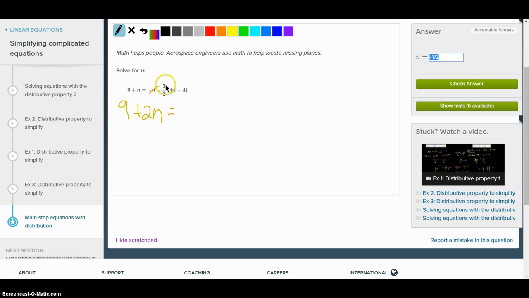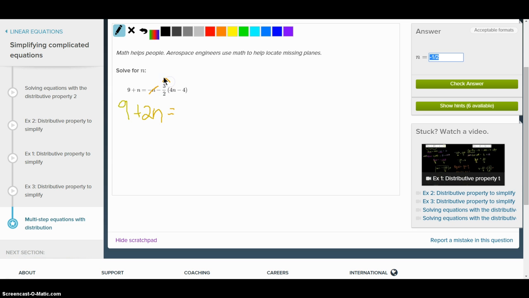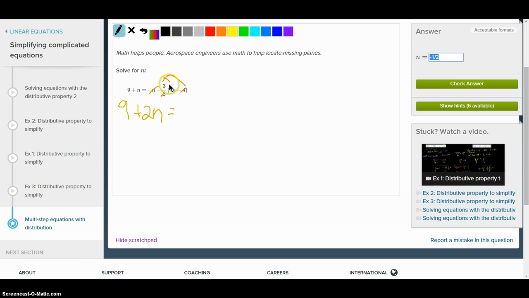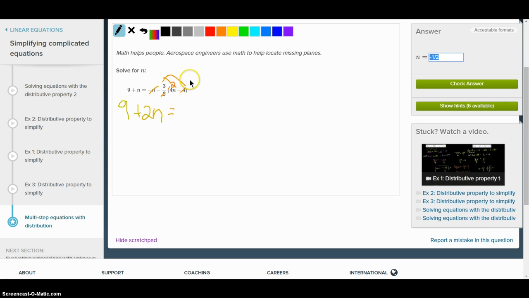Okay, so let's just go straight over here and distribute over here. Now this 2 is going to simplify with these 4's over here, and both of these 4's are going to become 2's. That's going to be hard to write in there. So negative 3, let's just do it anyway.